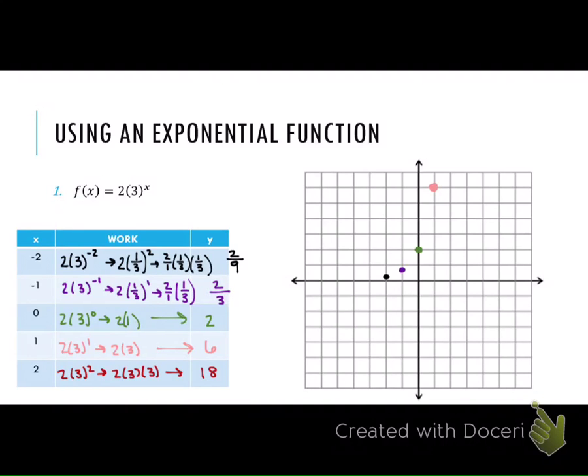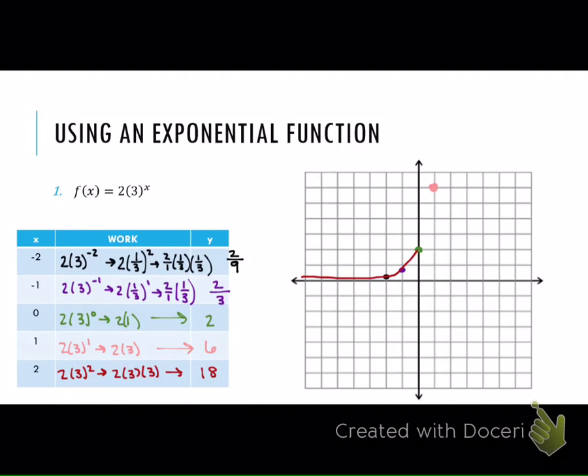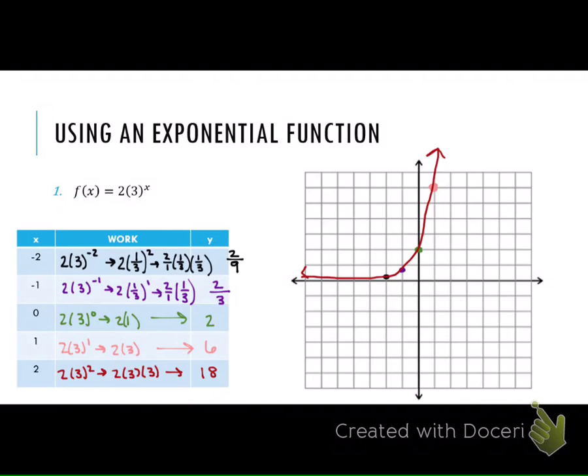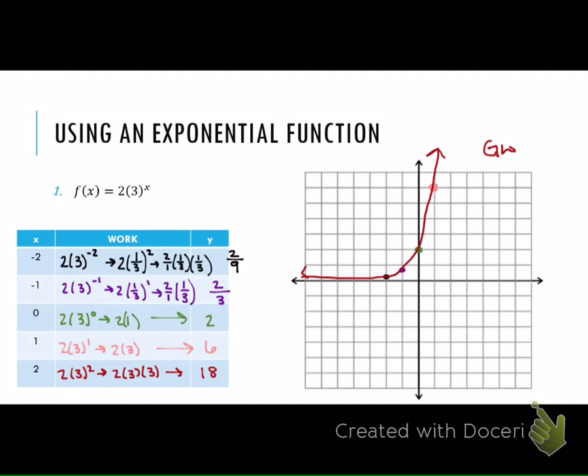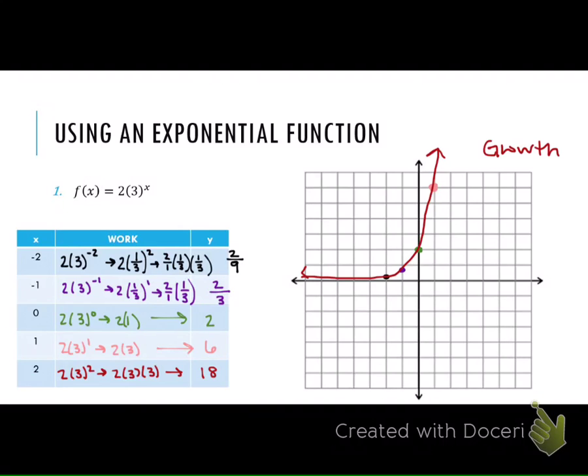So that won't fit on my graph. What shape do you notice this is making? When you connect your points, it is making a what? It's growth. It's a growth function, and it is a curve. So this is an exponential growth function. It is tripling each time. Very, very good.